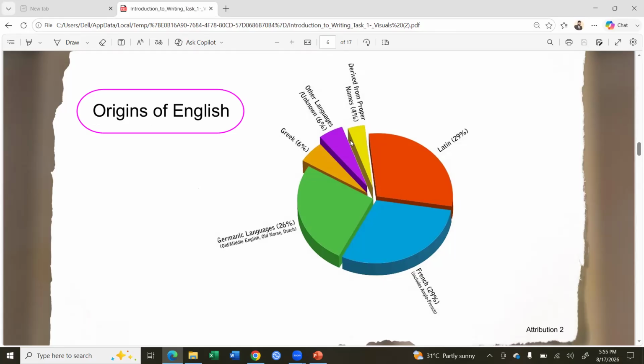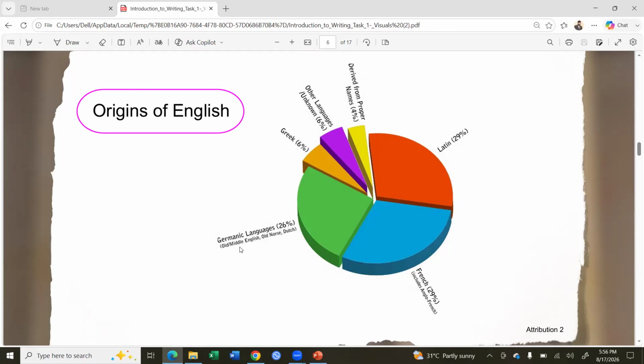Out of, ये देखिए, ये पूरा 100% है। If you add all these percentages, collectively, they will make 100%, right? So Anglo-French and Latin, they are making 29% each of this language, right?